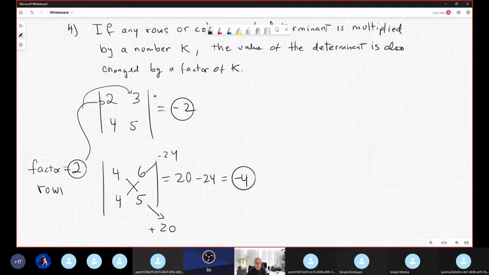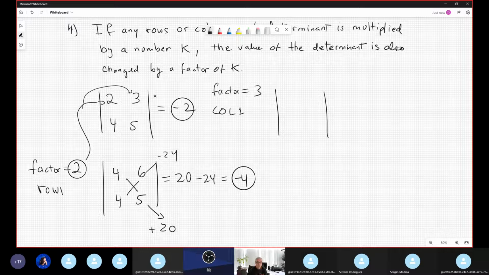Let's do it with the column again. Suppose I create one new determinant using factor 3, another number. And you multiply the column 1. You get 6 and 12. Where does this come from? Well, 3 times 2 is 6, 3 times 4 is 12.